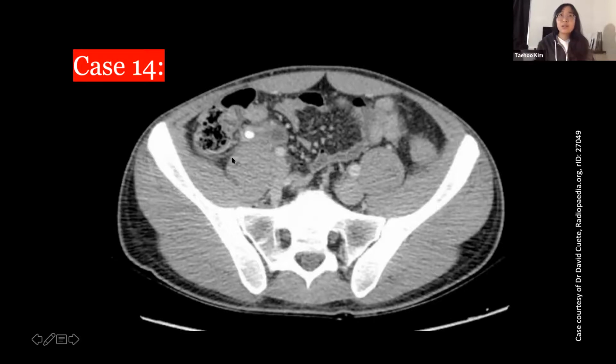And I was told by my seniors that if anyone can see the appendix, then it's likely abnormal, like inflamed. But if an R2 cannot find the appendix, then it means it's normal. Just the way we describe things.